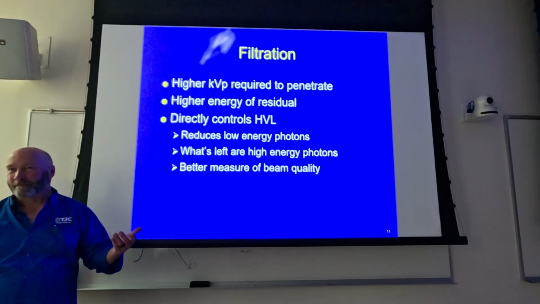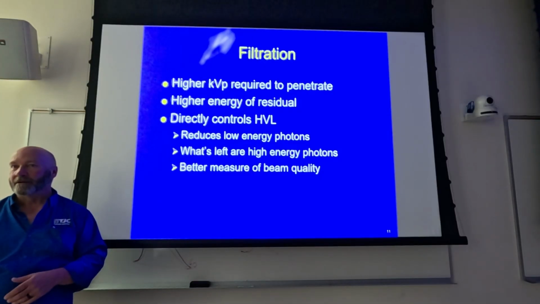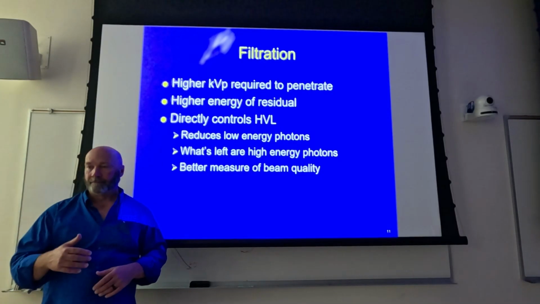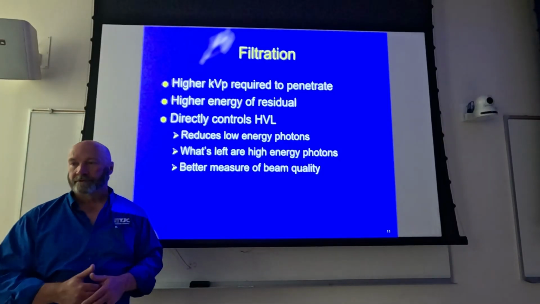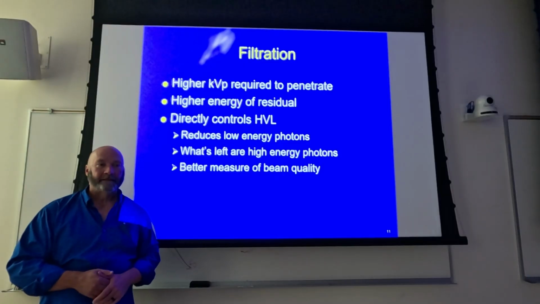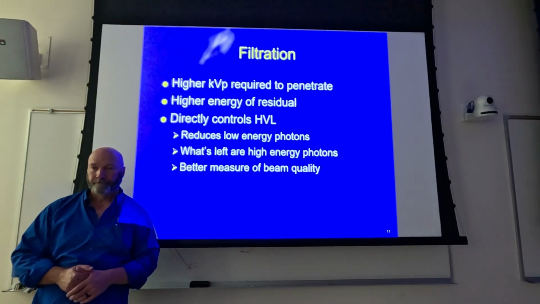It may or may not do half value layer; I'm not sure it's a requirement. You're going to get a safer beam every single year that you use the tube, all because of added filtration. It's all because of the tanning of the tube and the increased inherent filtration.